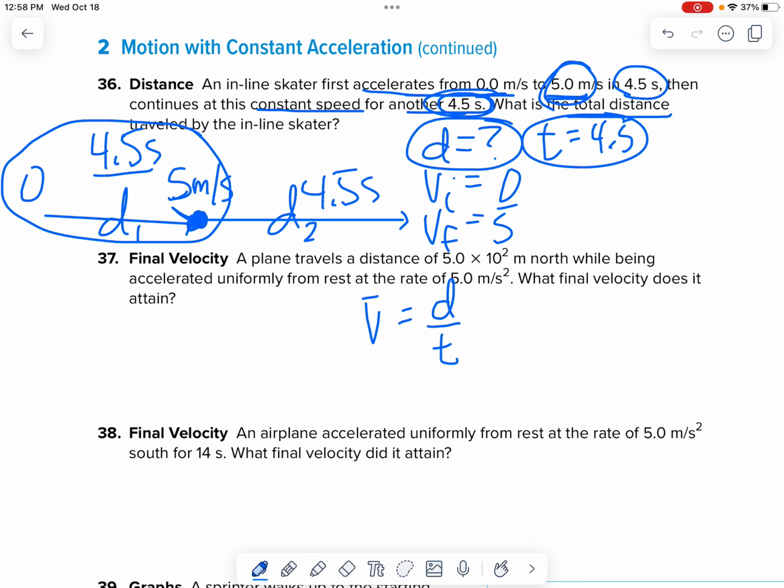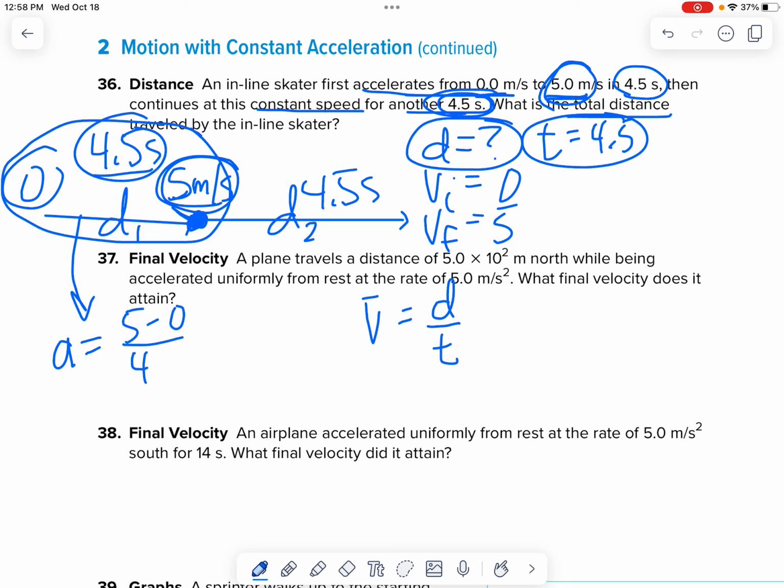I also could find the acceleration here. Let's find the acceleration. The acceleration is the change in velocity. It's going from 0 to 5, so 5 minus 0 over the time of 4.5. This right here would give me my acceleration. 5 minus 0 divided by 4.5.